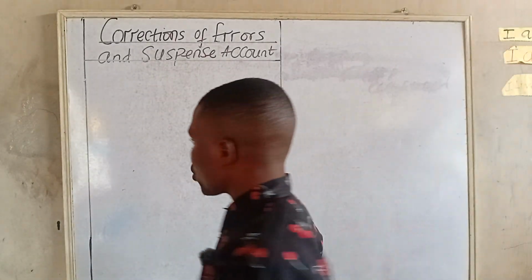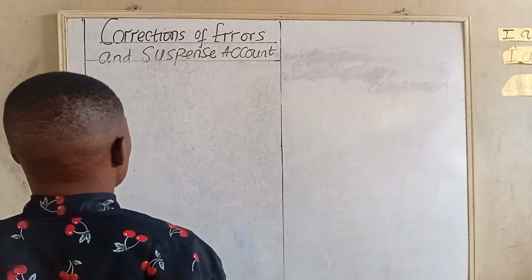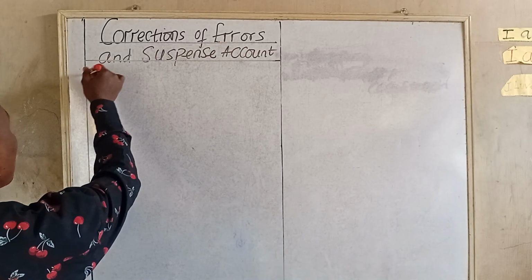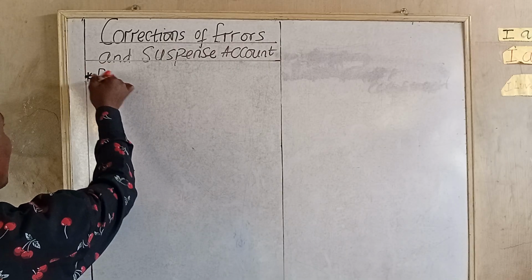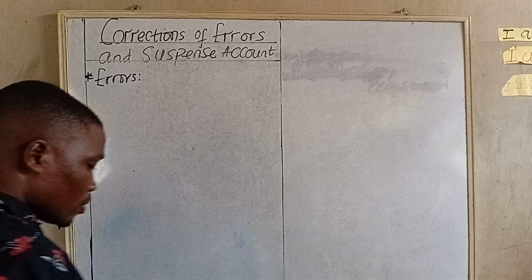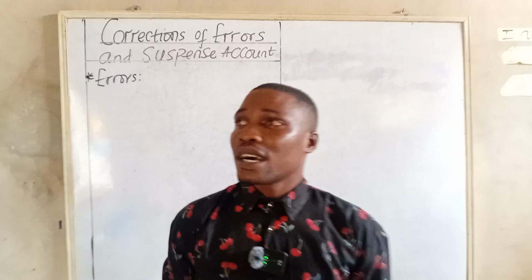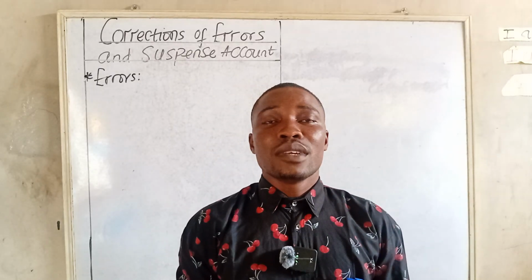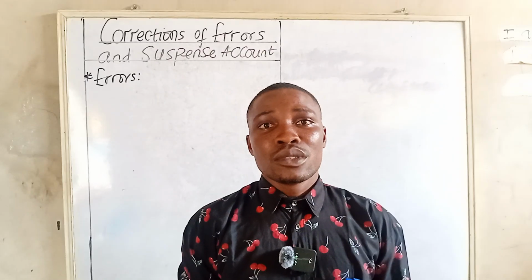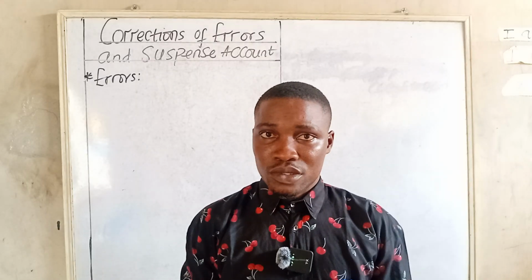Now, let's analyze corrections of error. What do we call error? Errors are a misstatement, wrong posting in the book of an account, and so on and so forth.